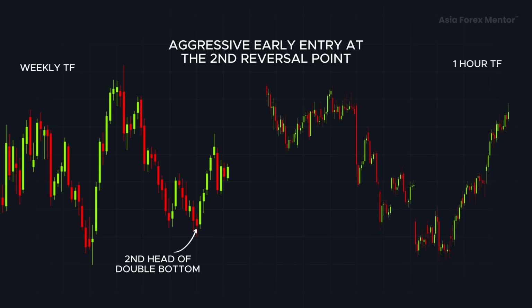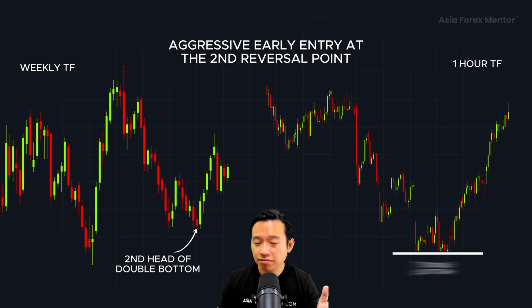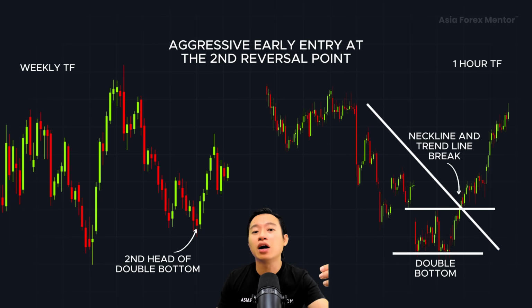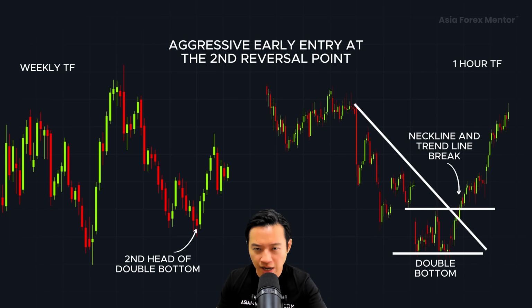This area, being the second hit of the double bottom pattern, is the same area as here. You had a double bottom reversal pattern, a break of the neckline, a break of a trend line, and higher highs. And all of which shows trend change price action.